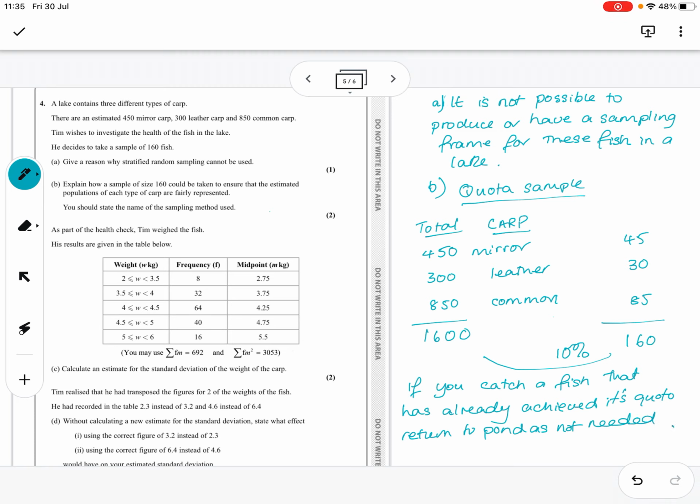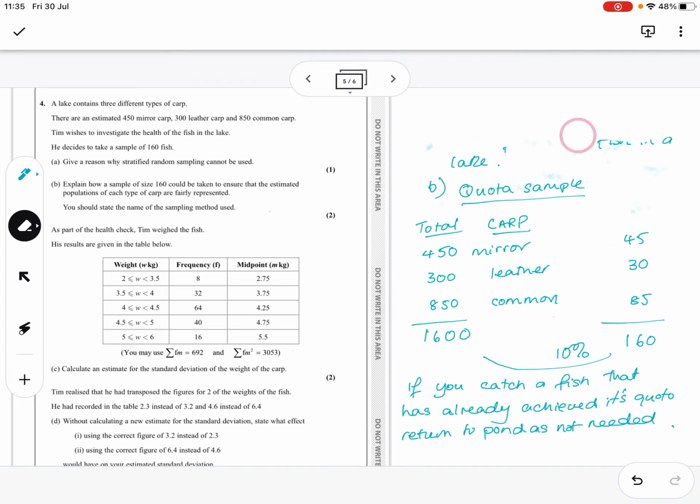So you just want to fill your quota for that. That last bit is a bit like when you do your random sampling. If you get the same number again, you ignore it. So you only look at the ones that you need. You only want to fill that. You don't want 46 here. I want 45. I don't want 44. And that's what you do. Okay, so that's that.